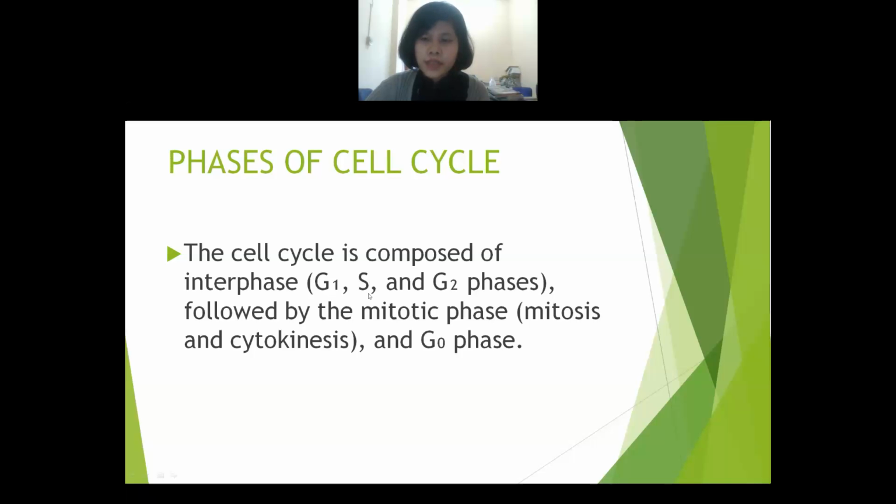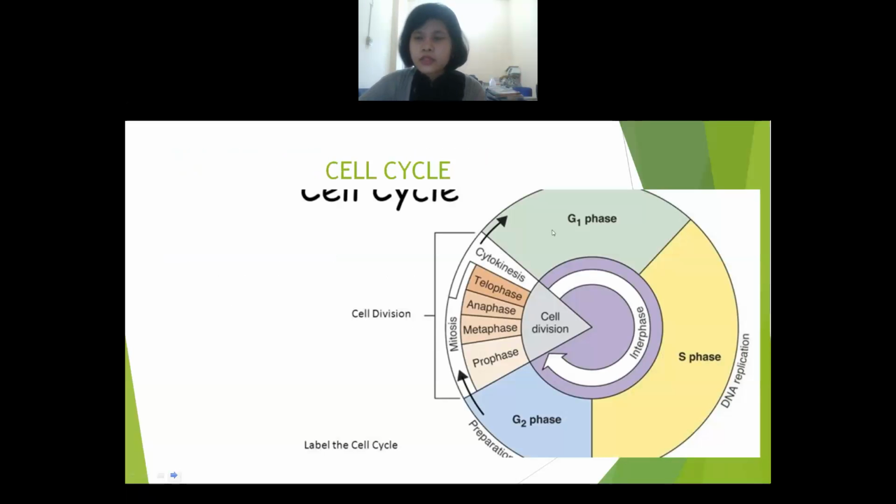In the interphase, you will find the G1, S, and G2 phases. So these are the phases which you will find in the interphase. And the cell cycle is followed by the mitotic phase and cytokinesis and also the G0 phase. About all this, we will discuss in the next slide. So this is the cell cycle.